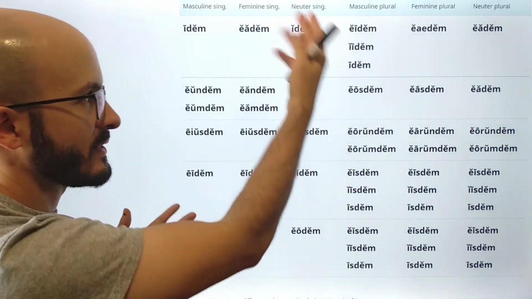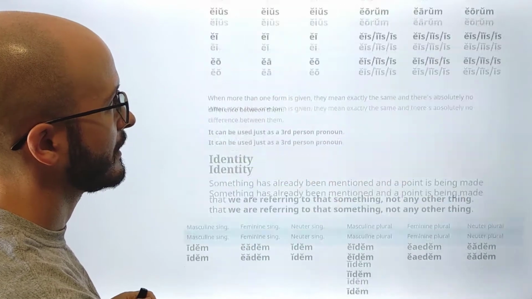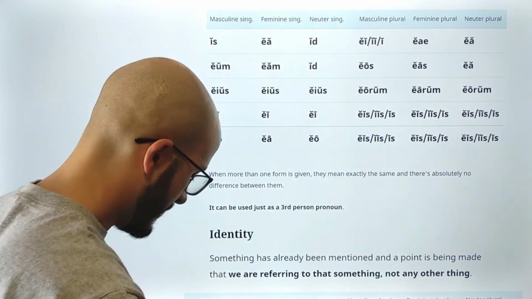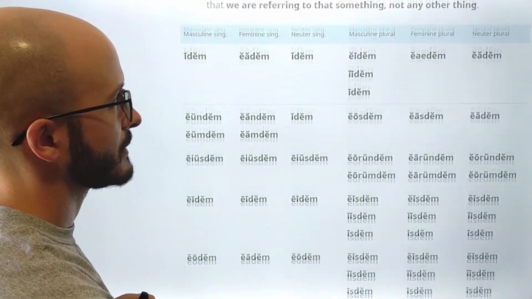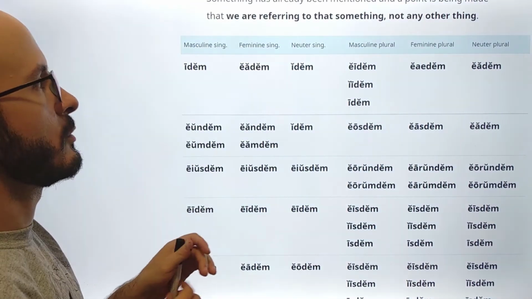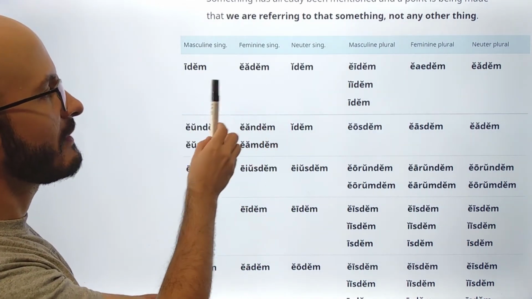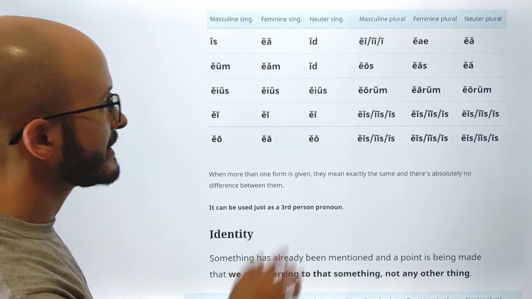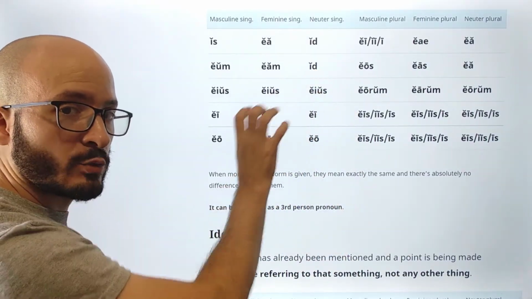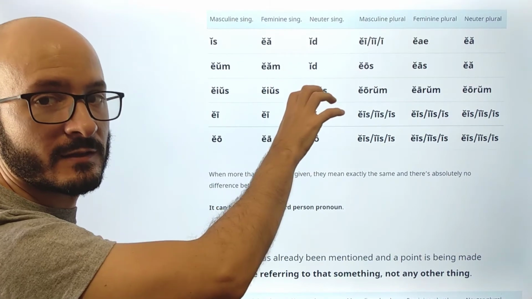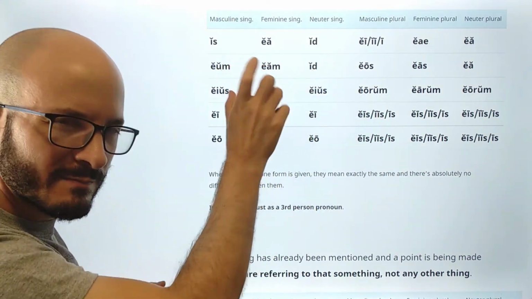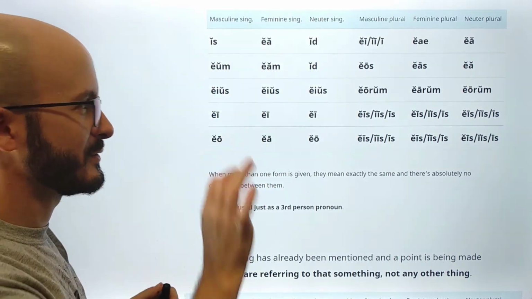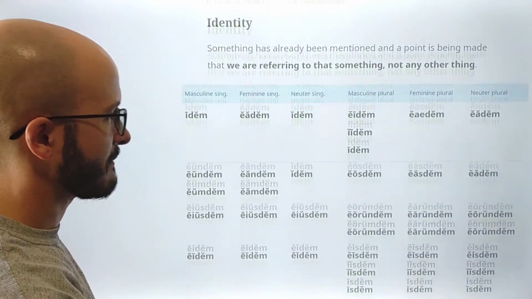But it's pretty much the same as we had here, but this is super small, so it fits in one line. Here I had to split it a bit, because otherwise it would destroy the table. Okay, so here we have idem, eadem, idem, and you see that actually this is pretty much is, but with dem at the end. There are also some small changes, so it's not just this with dem at the end, you cannot just do that, but pretty much the same.